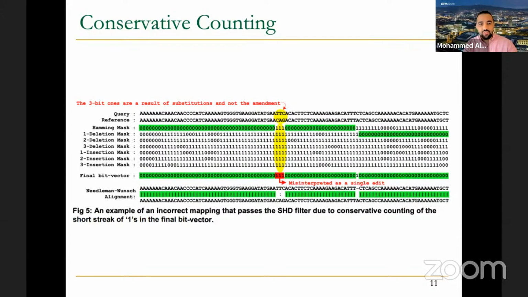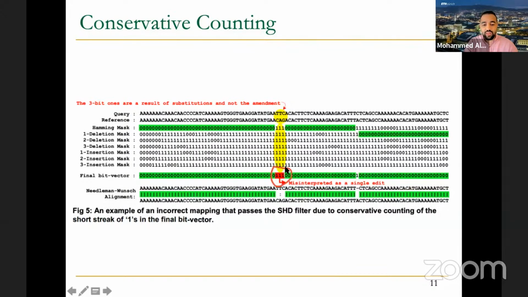So conservatively, we assume that any 3 ones or 4 ones always come from the process we did, changing the zeros into ones. So now these 3 ones, for example, will be interpreted as only 2 ones.